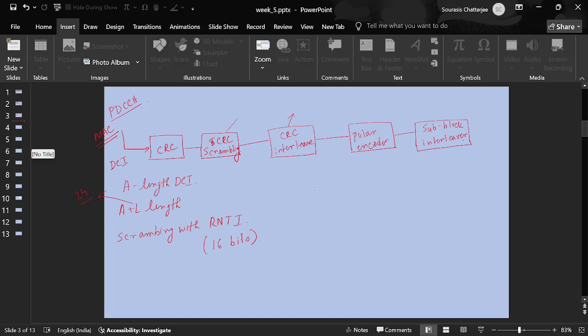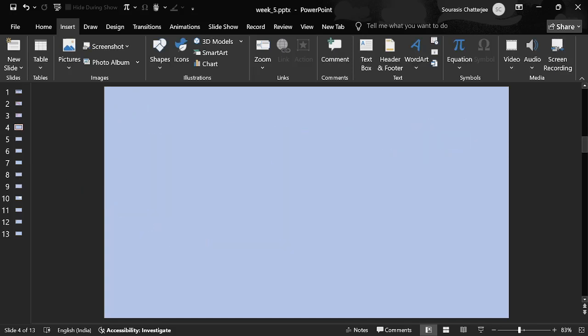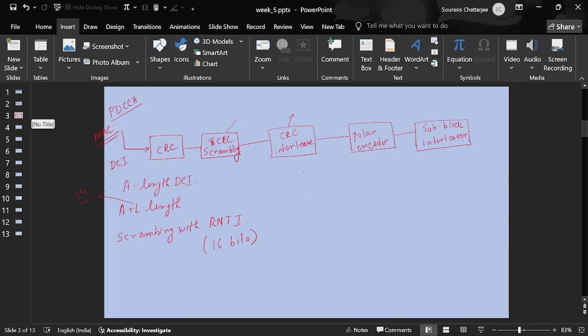So basically when you say I need to know where the data is, I need to know the time domain allocation and also the frequency domain allocation.